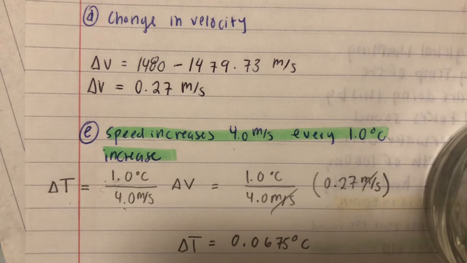If you plug that in, you get the change in temperature is 0.0675 Celsius, so about 0.07 Celsius. So that is the change in temperature that can be reliably detected, and that is our final answer.